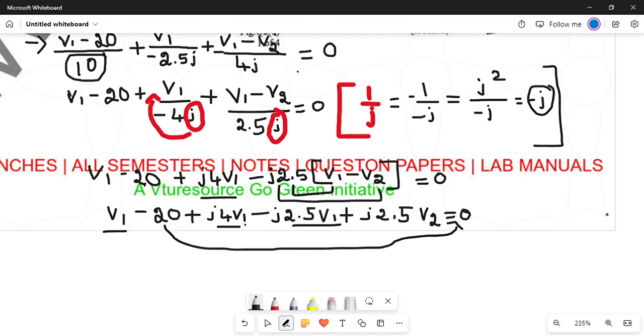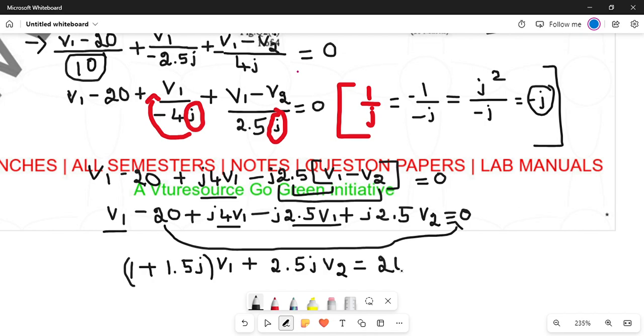So here you are going to get the result as 1 plus 1.5j v1, plus j 2.5 v2, which is equal to how much? It is equal to 20.